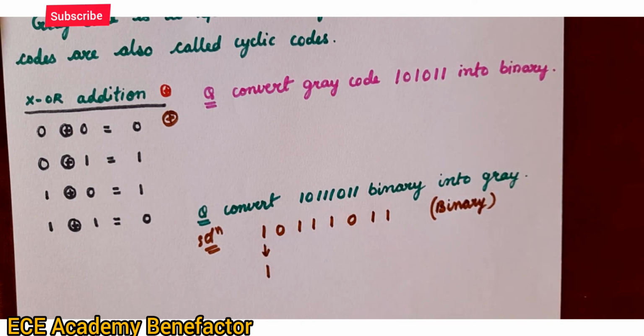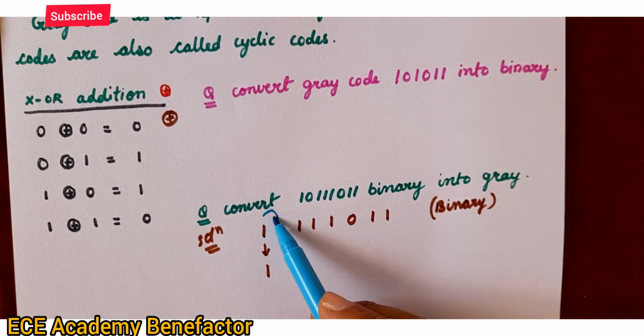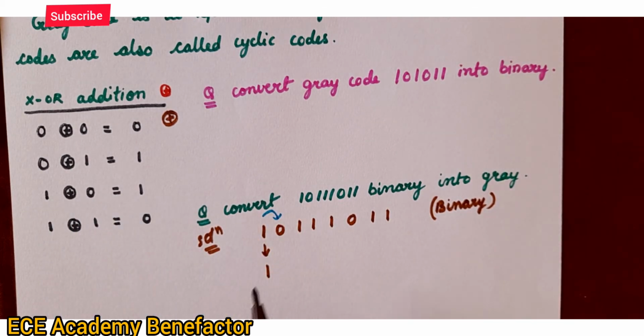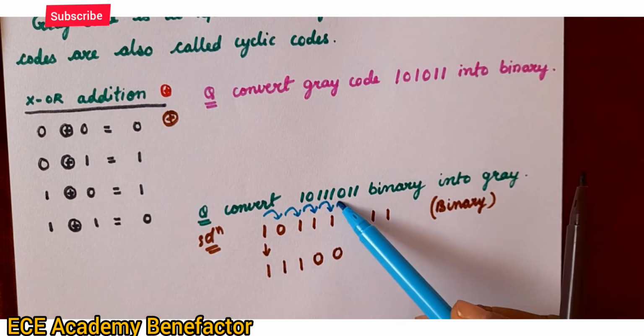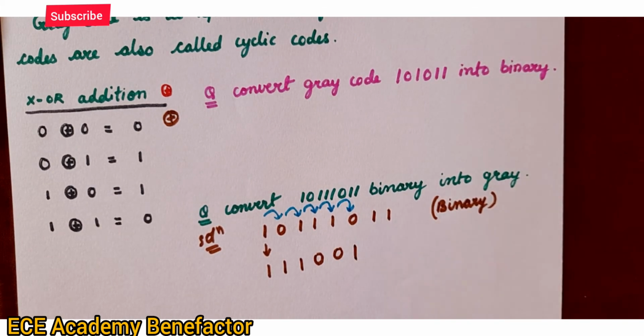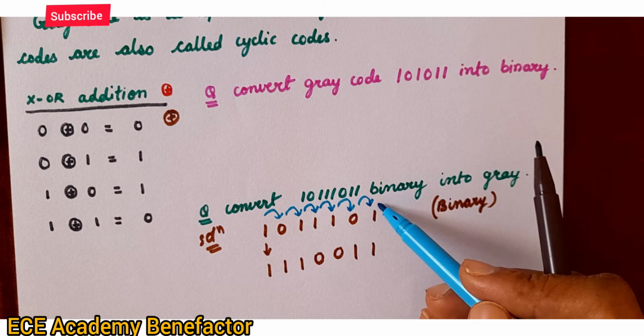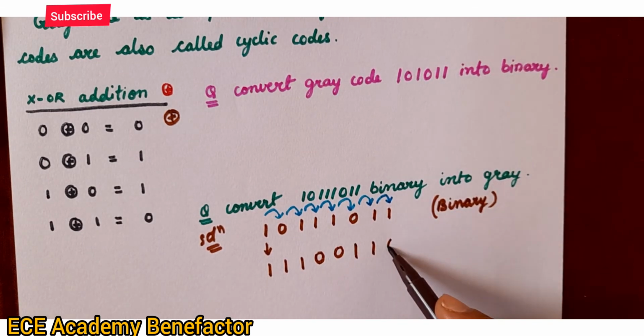sequentially. Then you have to add sequentially, that is 1 XOR 0. 1 XOR 0 is 1. 0 XOR 1 is 1. 1 XOR 1 is 0. 1 XOR 1 is 0. 1 XOR 0 is 1. 0 XOR 1 is 1. 1 XOR 1 is 0.